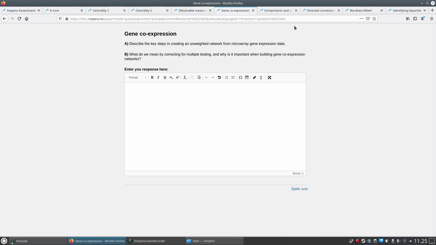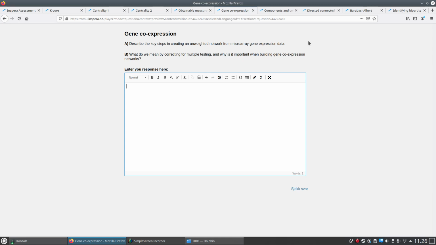So the first step is you want to convert gene expression data into something that is a gene-to-gene score.